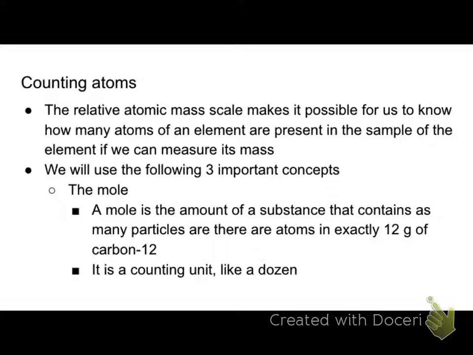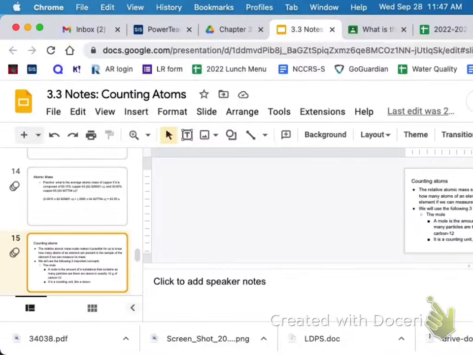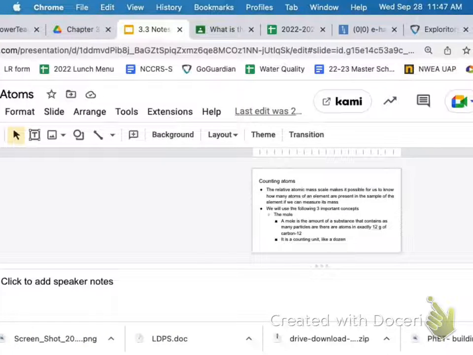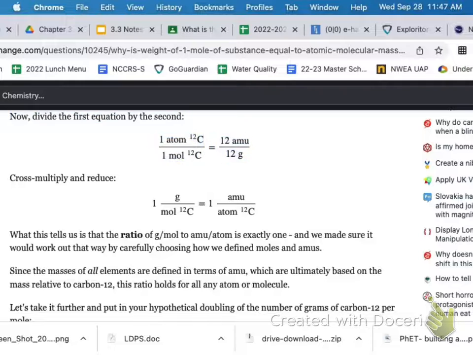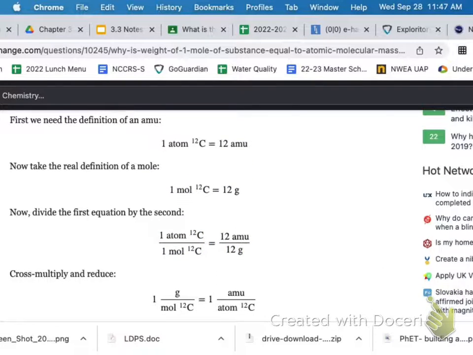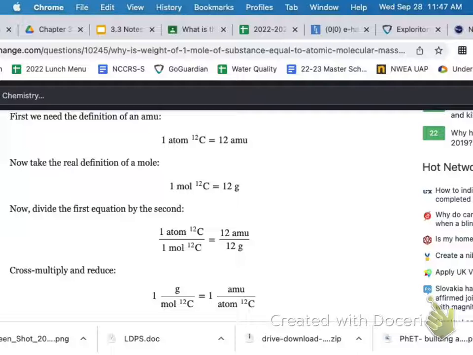If you look at what we defined as a unified atomic mass unit, I want you to remember that 1 unified atomic mass unit is equal to 1/12 the mass of a carbon-12 atom.